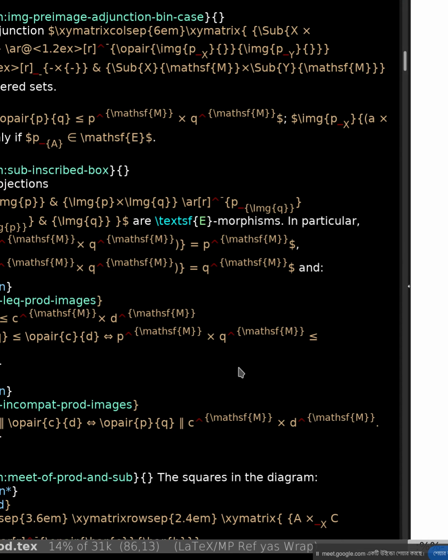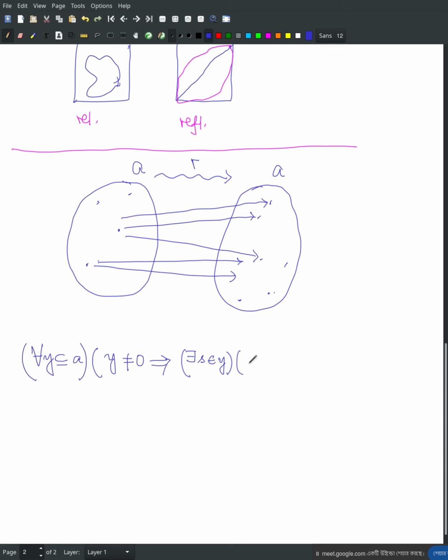The property is that whatever X you might take from Y, then (X, S) is not in R.